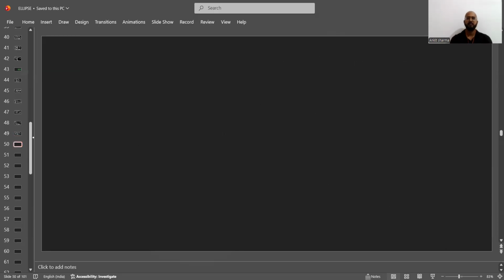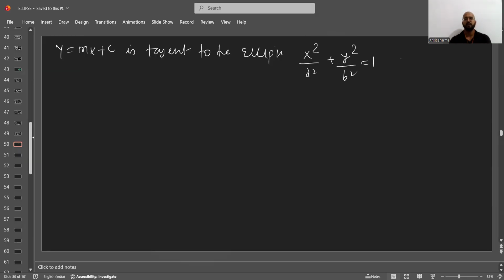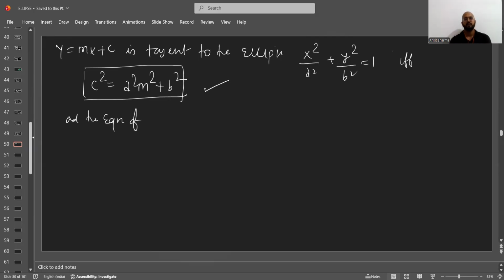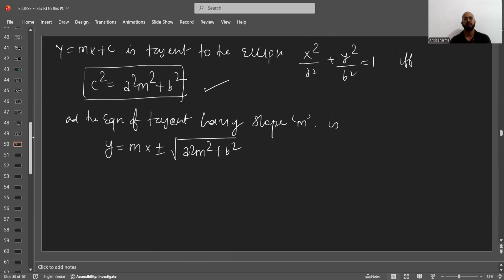That means a line y is equal to mx plus c is tangent to the ellipse x square over a square plus y square over b square is equal to 1 only if the condition of tangency c square is equal to a square m square plus b square holds. And the equation of tangent having slope m is y is equal to mx plus minus the root of a square m square plus b square.